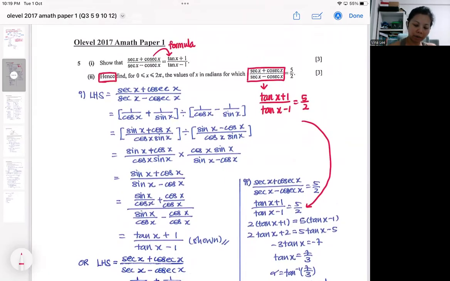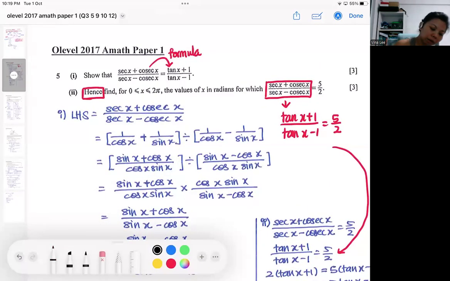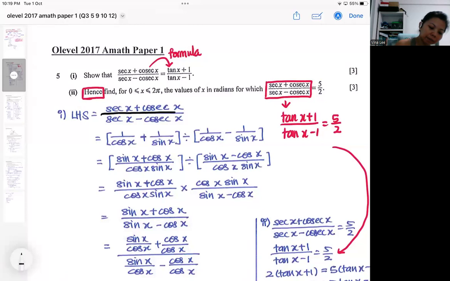So there are two methods that you can do. It depends on how you relate to it. The first method, which is a bit more step by step, is you see this as a divide. That means you are going to see it like a numerator divided by denominator.